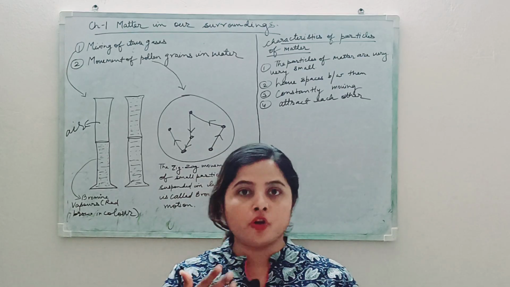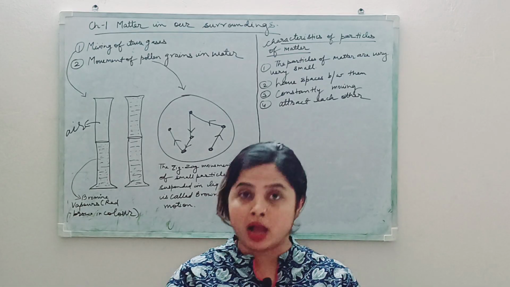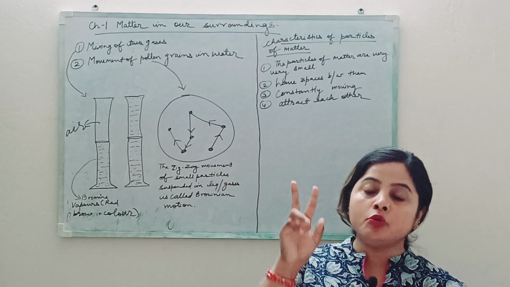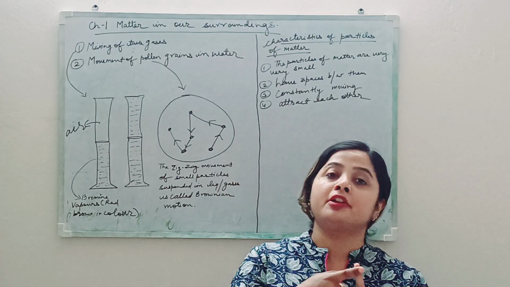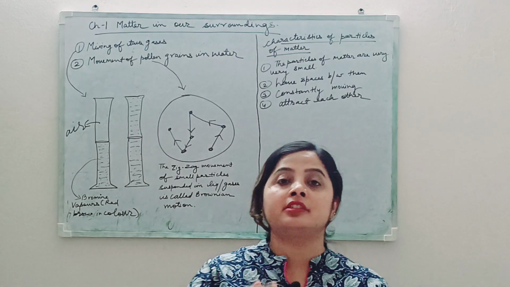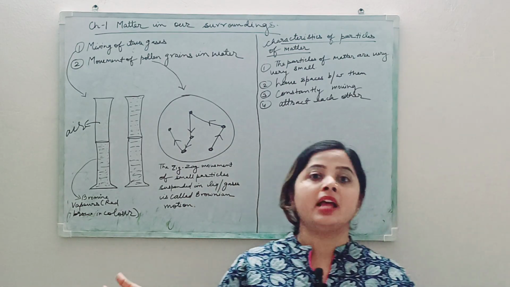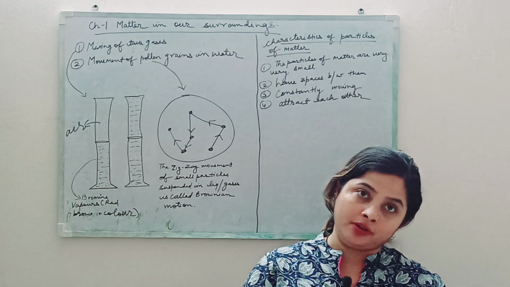If I recall for you what is matter: matter is a substance which has mass and which occupies space. There are two characteristics of matter. Matter has a mass and matter occupies space, which means it has a volume. If I give you real-life examples, everything around you is matter.